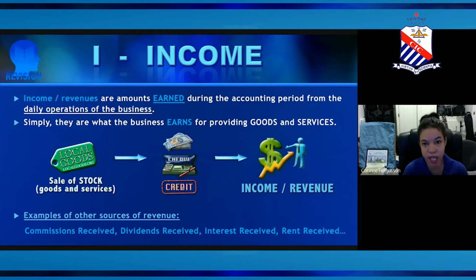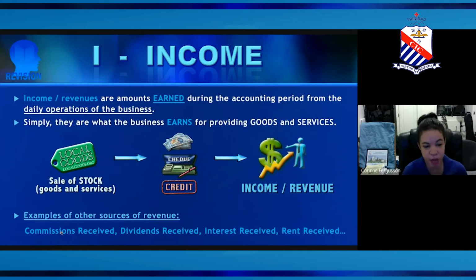It's just that when they sell it on credit, they have not received it as yet. So once you have earned it, this is the amount that will go into your income statement. And that goes for all of your revenue.